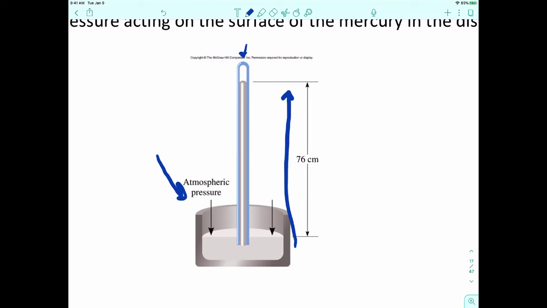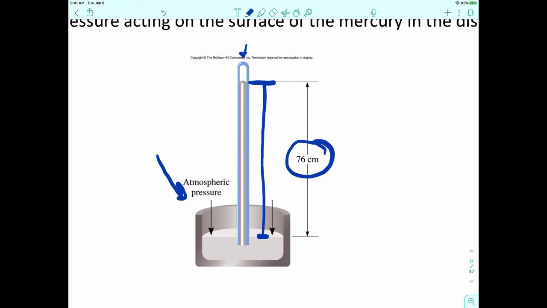Okay, and it turned out that if you measure the distance from where the pool ended up on the dish to the top of that column at normal pressure, normally that distance should be about 76 centimeters long.